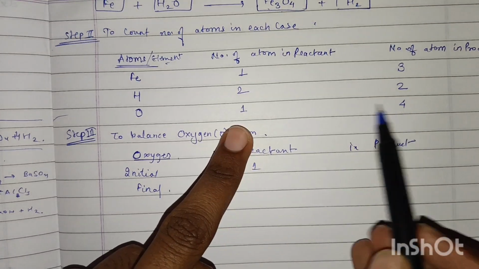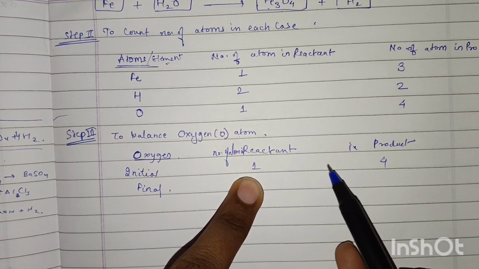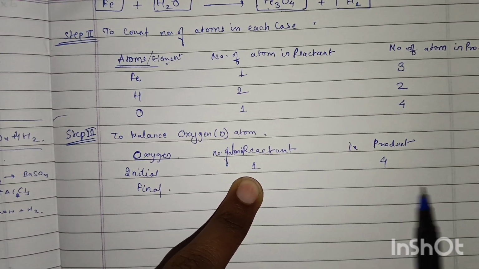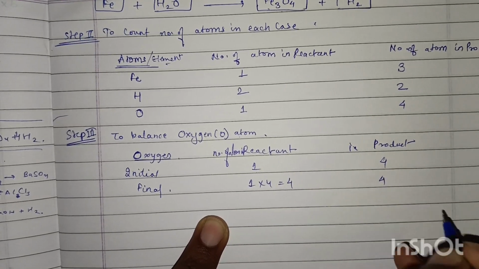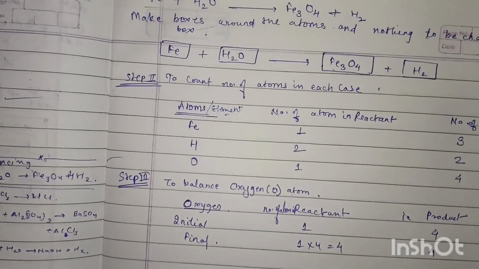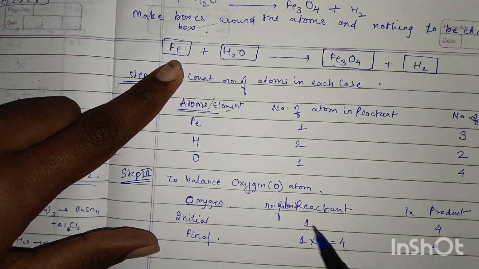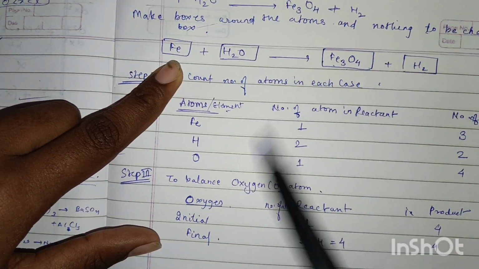What we have to do is just multiply 1 with 4 and we'll get the same number as the product. 1 into 4 is equal to 4. Now we have to write this equation again and balance oxygen.